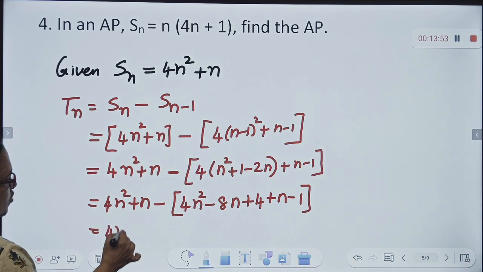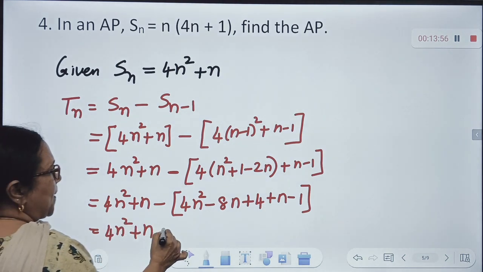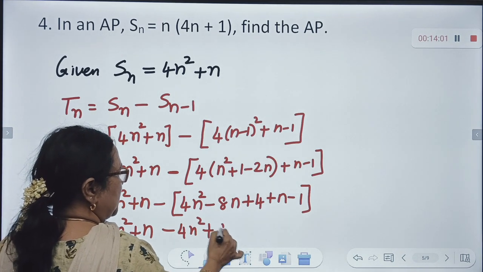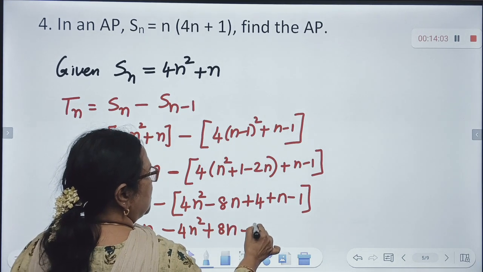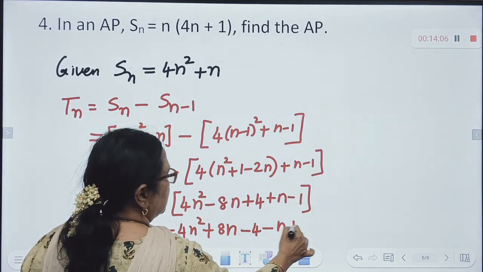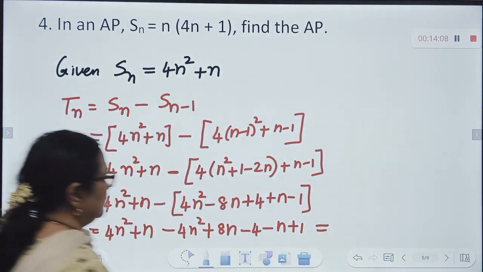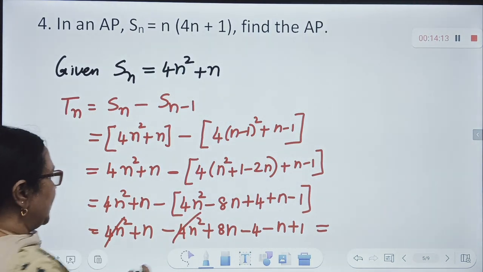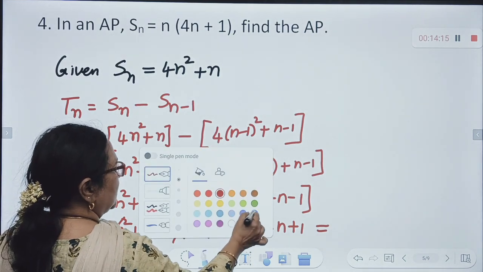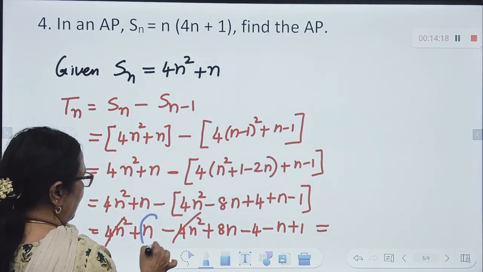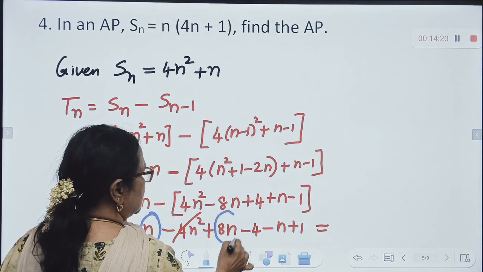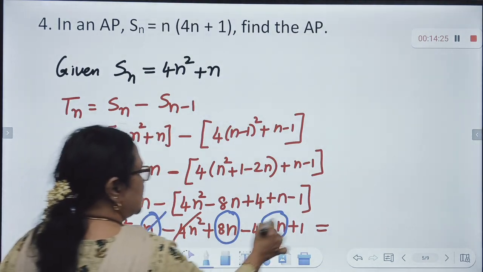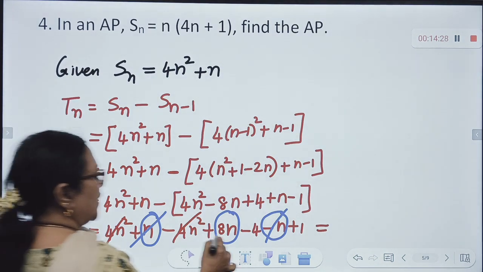This is 4n square plus n minus 4n square plus 8n minus 4 minus n plus 1, which is equal to 4n square gets cancelled. So what are the n? I'll use a different color. So plus n gets cancelled with minus n, right? So I have 8n.